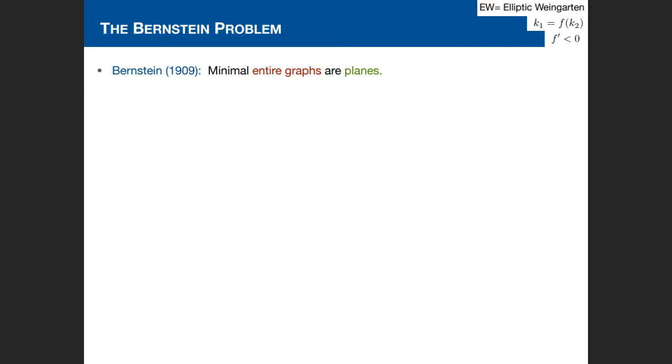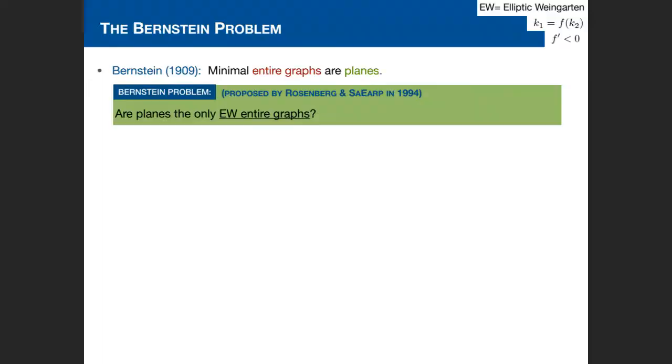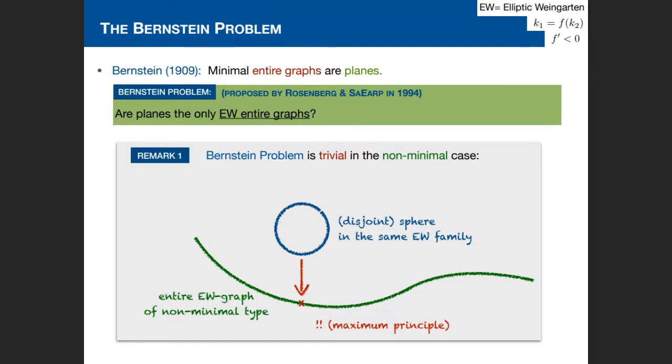We were going to focus on the Bernstein problem and the generalized Bernstein problem. So let me start with the Bernstein problem. This is the classification of the elliptic Weingarten entire graphs, and are all of them the planes, or are there non-trivial examples? Well, the first remark that we saw in the first part of the talk is that we can't restrict ourselves to the minimal case because the non-minimal is trivial.